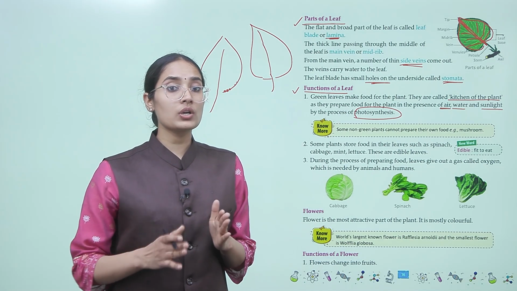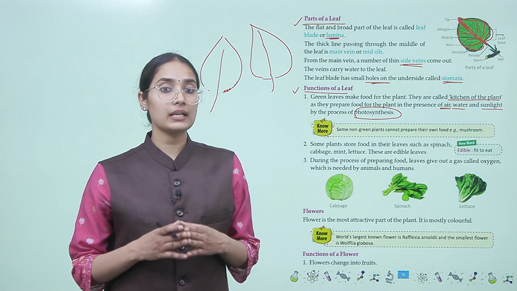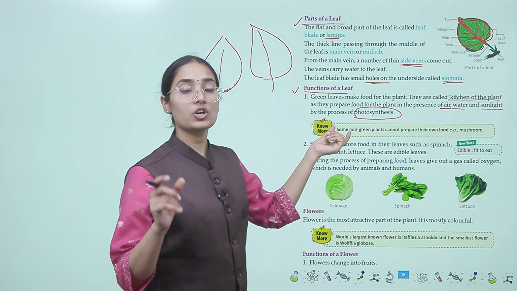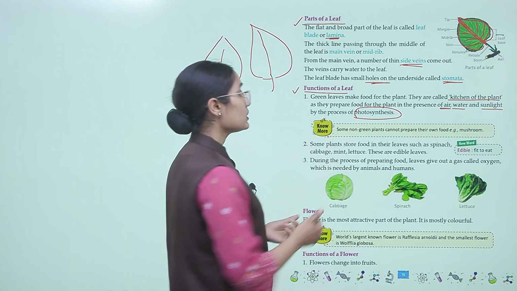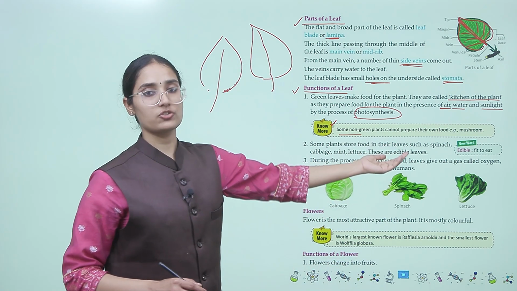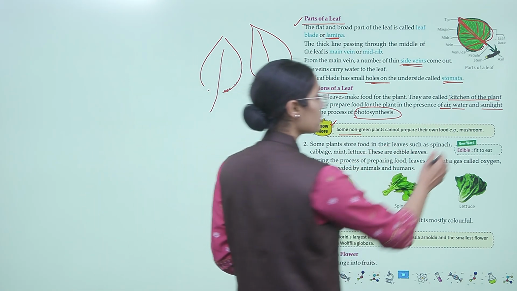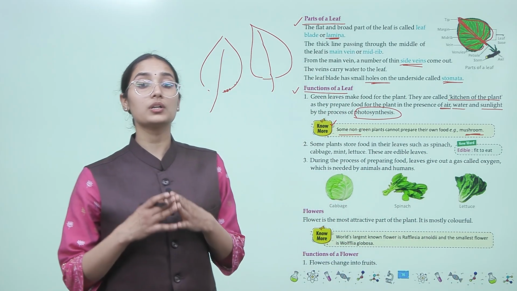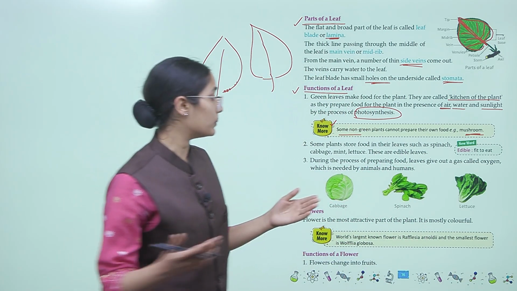Do you know some non-green plants cannot prepare their own food, like mushrooms? So this green part, right, we talked about chlorophyll, right? So this green chlorophyll pigment is very important for the preparation of food. We can see that mushrooms, which don't have this green part, cannot prepare food on their own.